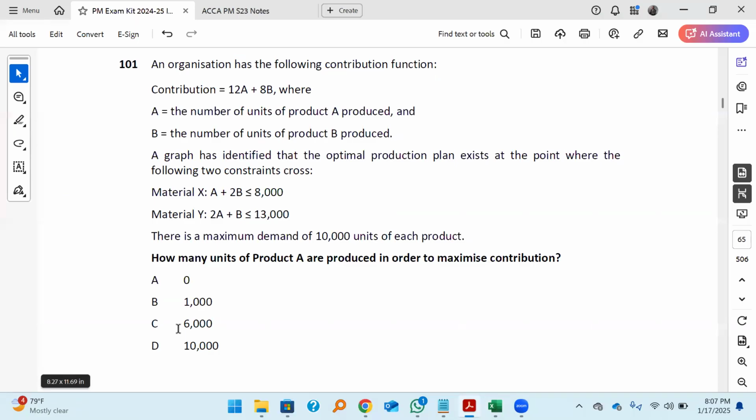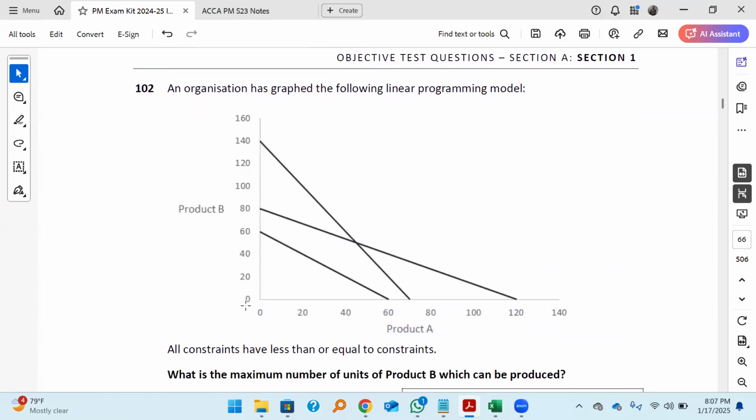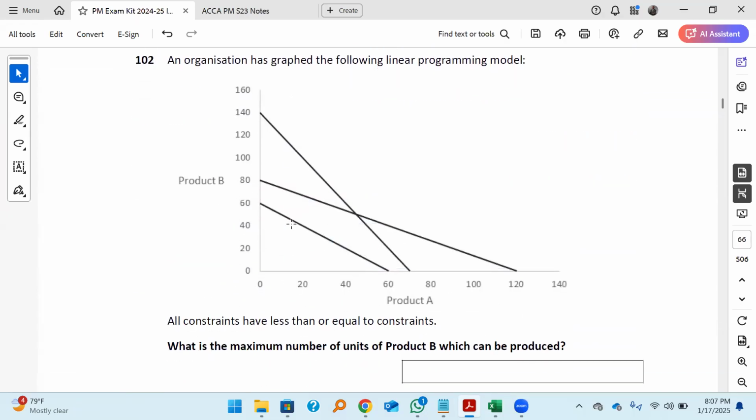So I hope that gives you confidence that you are able to do this with your calculator or without. This is how these graphs can look like. They have given you this graph, and they're saying that all constraints are less than or equal to constraints.